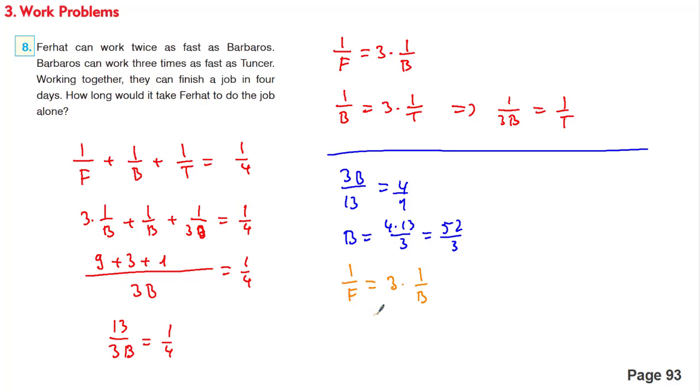We can cross multiply here and you get 3f is b, so f is b over 3, and finally f is 52 over 3 over 3. That means it's 52 over 9. Hopefully there is no calculation mistake.